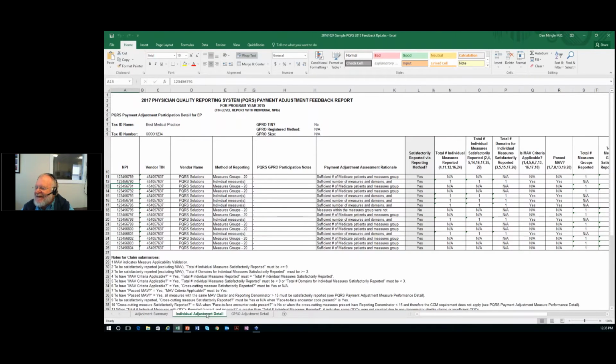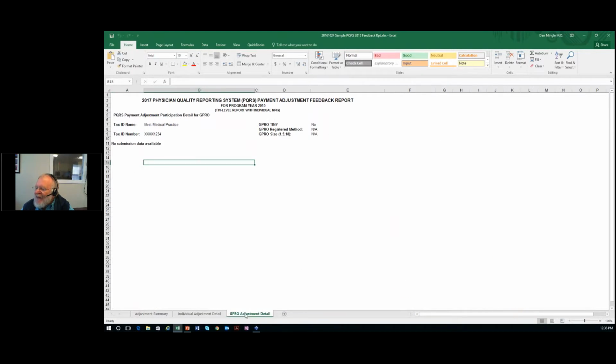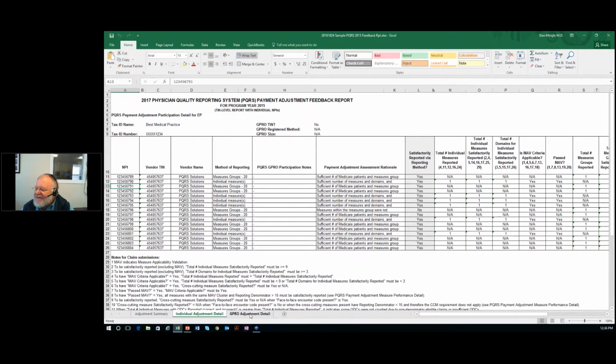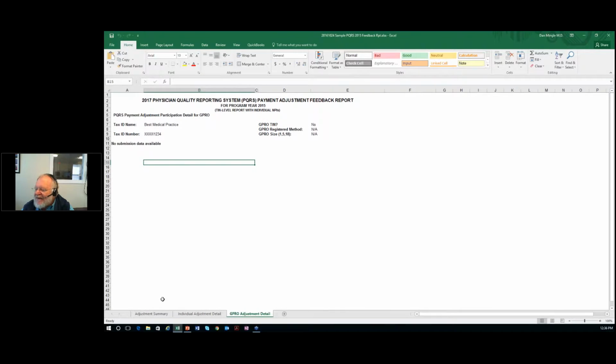In this case, the submission was individual, so this page is populated. There was no GPRO submission, so this page is not populated. It is possible to have submitted both, in which case you might have both pages populated.